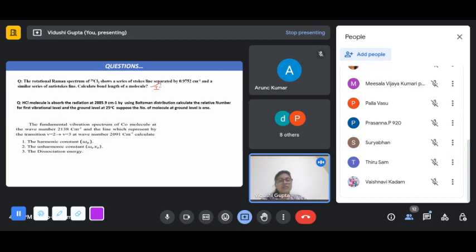For that you first have to calculate the value of I. So what's the formula to calculate I?